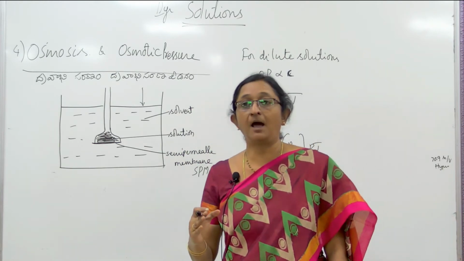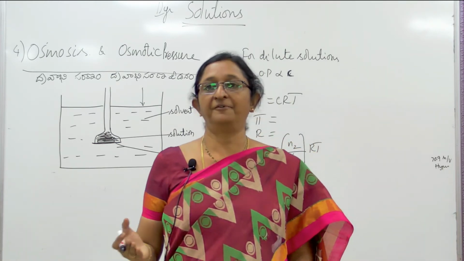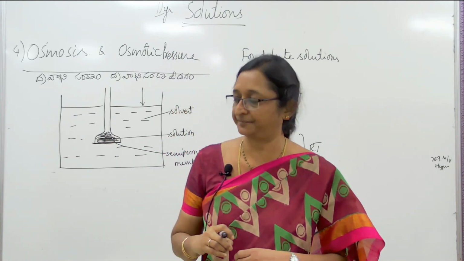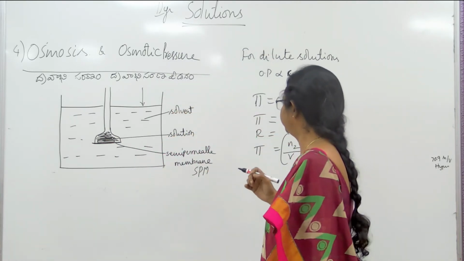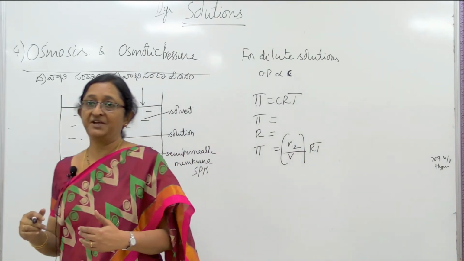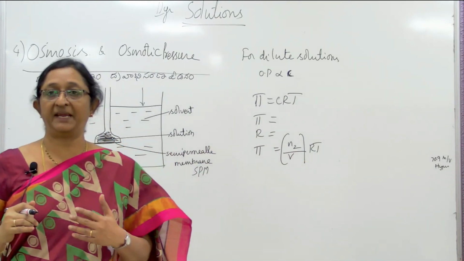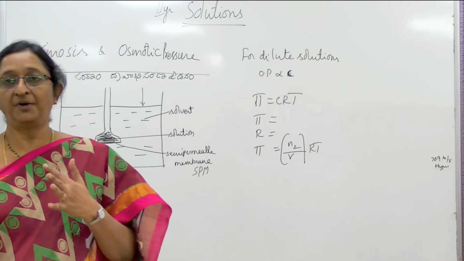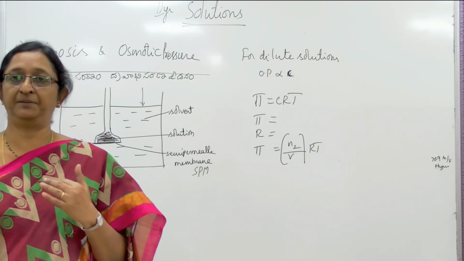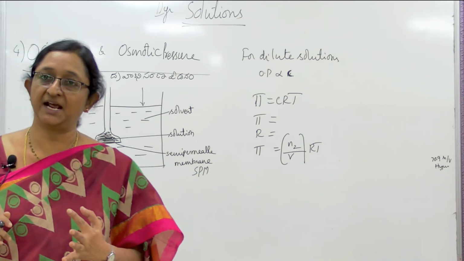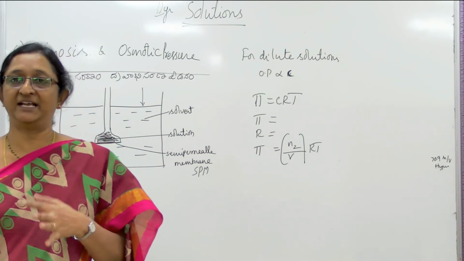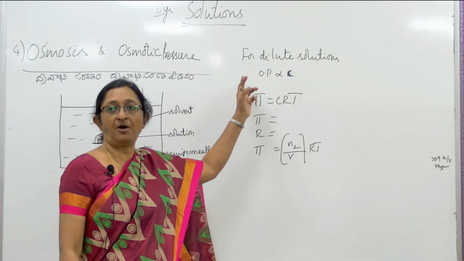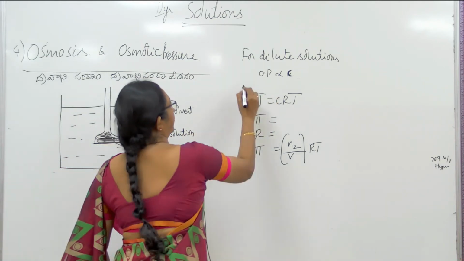That pressure is known as osmotic pressure. So the pressure that allows the passage of the solvent molecules through the semi-permeable membrane into the solution is called osmotic pressure. If you increase the osmotic pressure, we can prevent the process of osmosis.